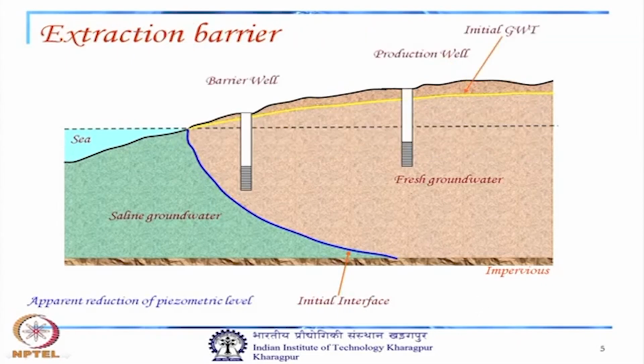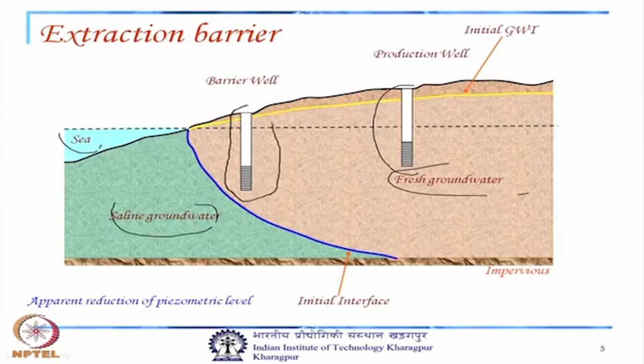Next is the extraction barrier. Let us say that we have a sea here, then saline groundwater, this is our fresh water and this is our production well. And this is another barrier well which is near to your coast, and this is our initial groundwater table.